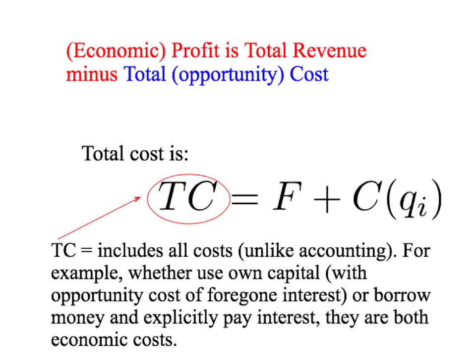That has to be included in your total costs from an economic perspective, not from an accounting perspective though. Remember, accounting costs and accounting profits are what are important for the tax man. But if you're thinking about whether a business is successful or not, you have to look at their economic costs, and that includes all opportunity costs.